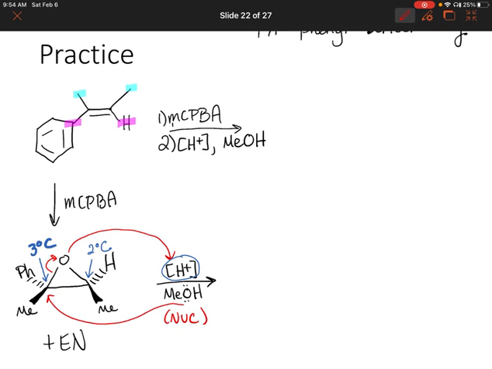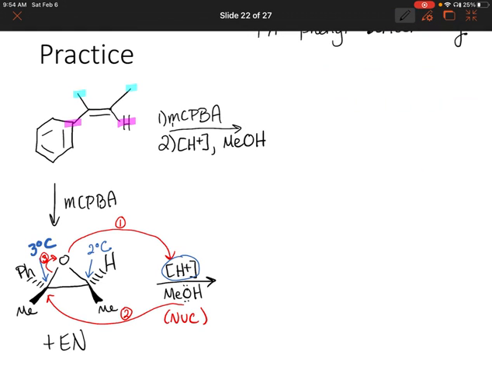So I just drew a lot of steps all at once. So remember, first we protonate the oxygen, and then second, the nucleophile attacks, and then third, the ring opens up. Well, the nucleophile attacking and the ring opening are kind of in the same step, but you get the idea.